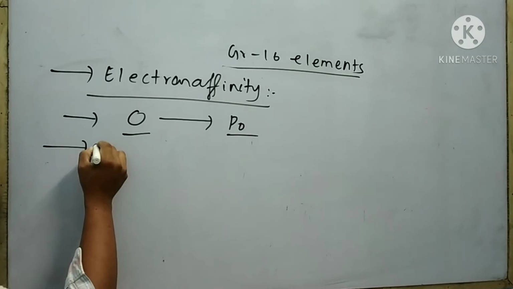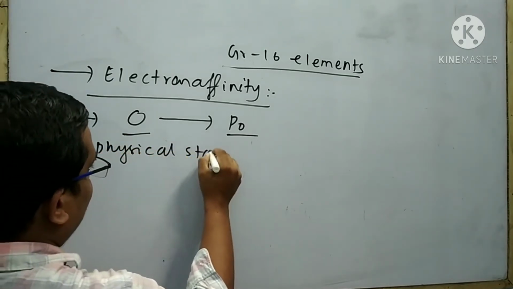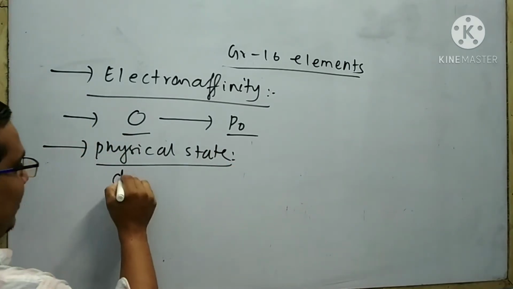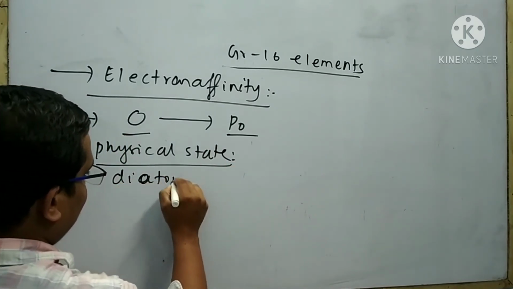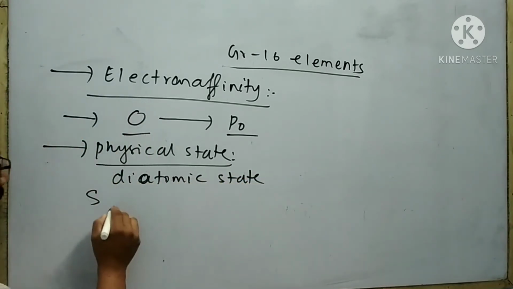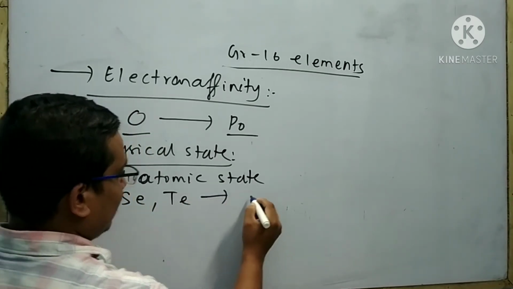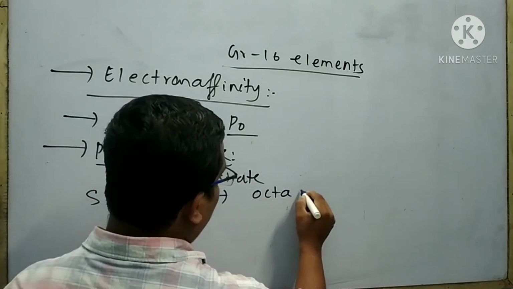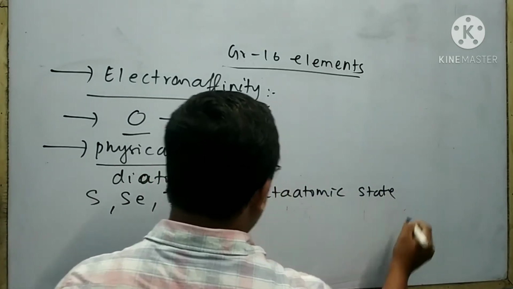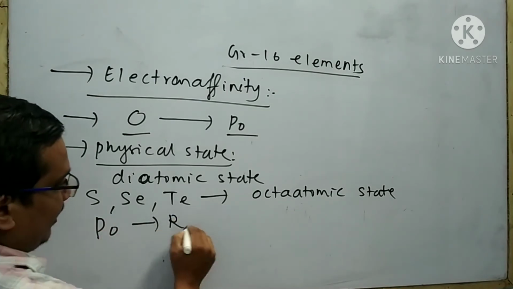Next physical property is physical state. Oxygen exists as a diatomic molecule, while sulfur, selenium, tellurium exist in octa-atomic state. On the other hand, polonium is a radioactive metal.